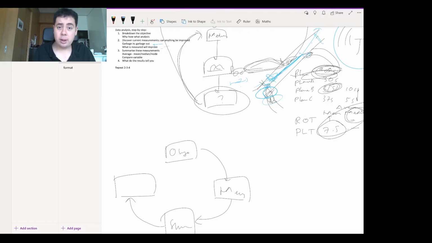Finally, if your results meet your objective, or if your results tell you something about your objective, whether or not it's doable, the extent to which it's doable, whether it's impossible or not, once you've interpreted your results, you get your answer at the end. Your answer comes out of this. But I found it is a cyclical process about reevaluating your objectives based on your interpretation of results.